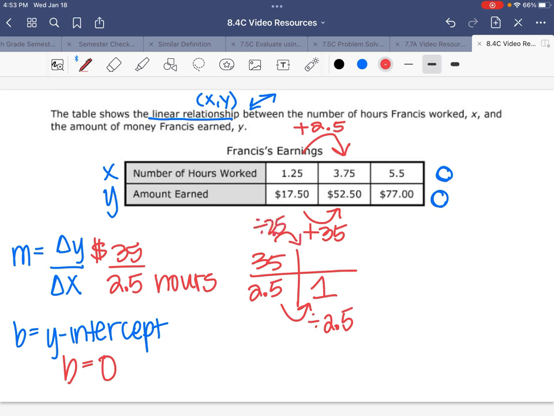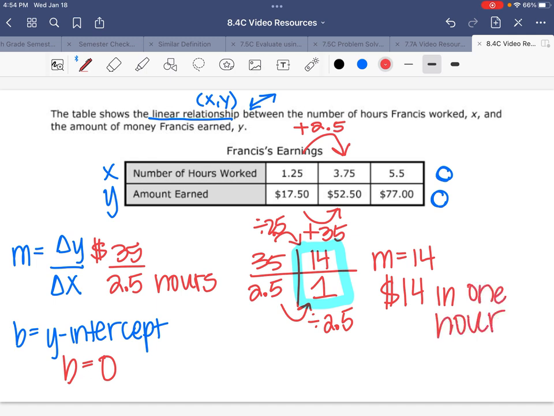So on my calculator, I go 35 divided by 2.5, and I get 14. And so that tells me that my slope is 14, but because we have a real-world context, it has more meaning. That 14 tells me that she earns $14 in 1 hour. So it's that rate of how much she makes per time increment.